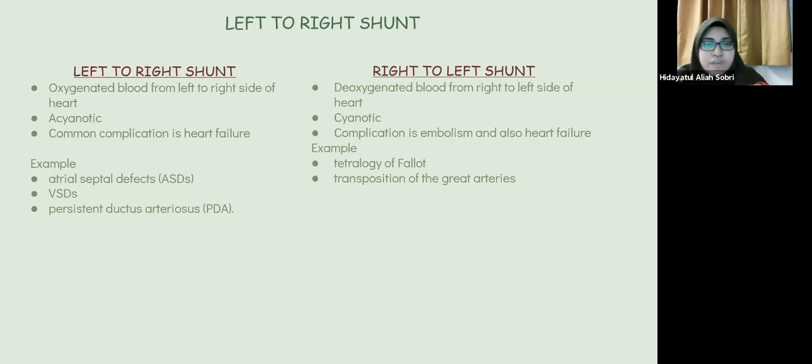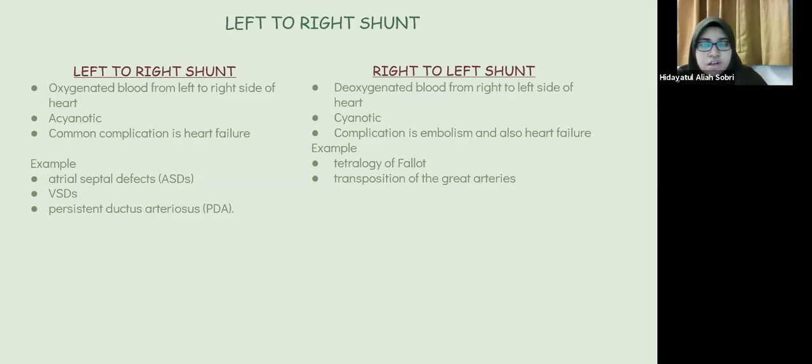Most commonly, a left to right shunt will present with heart failure, and a right to left shunt can also cause heart failure, and it can also cause embolism. For example, in DVT, deep vein thrombosis, the clot can travel through the inferior vena cava into the right atrium, and then pass to the left.